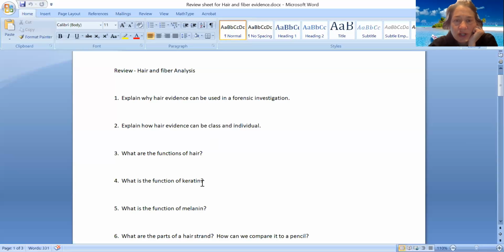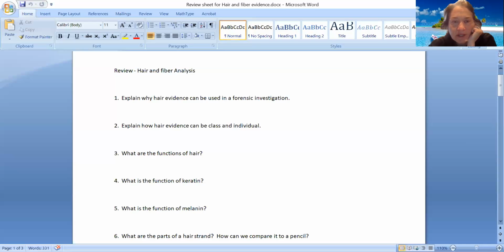What is the function of keratin? Let's go look at keratin. Let's see, where did we see keratin? Keratin is the protein that makes hair strong and flexible. And I believe your next question is about melanin. Okay, melanin gives hair its color.